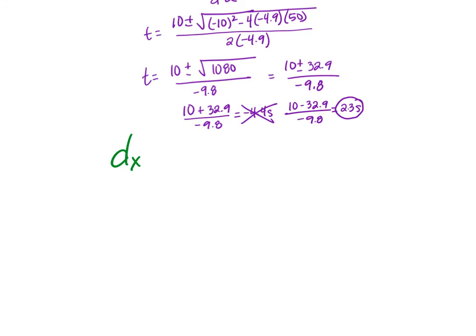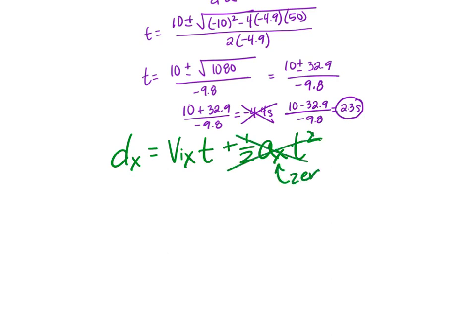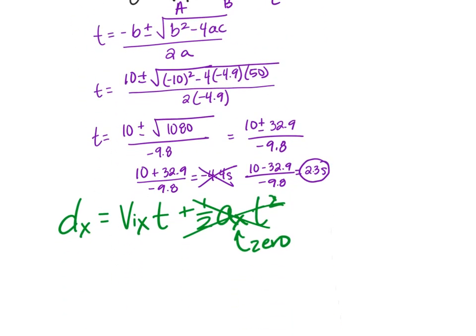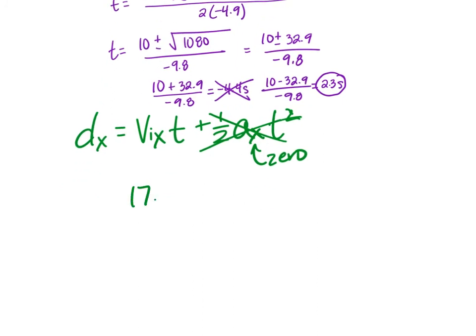So our horizontal displacement equals our initial horizontal velocity times time, plus 1/2 times our acceleration in the horizontal times time squared. And if you're good at this, you don't even need to write the second half because you know it is going to be gone, because your acceleration is 0. All right, so our initial horizontal velocity, if we go back up, we found earlier to be 17.3 meters per second.